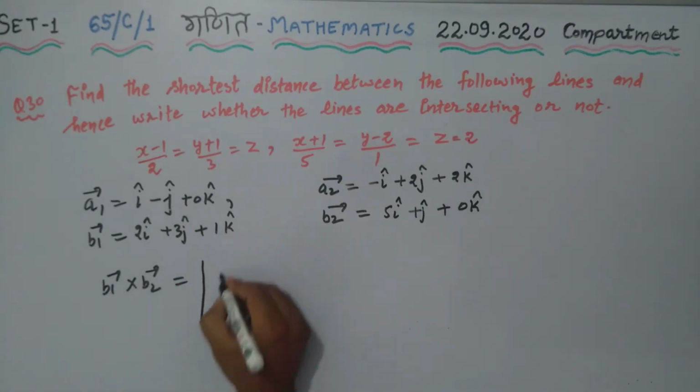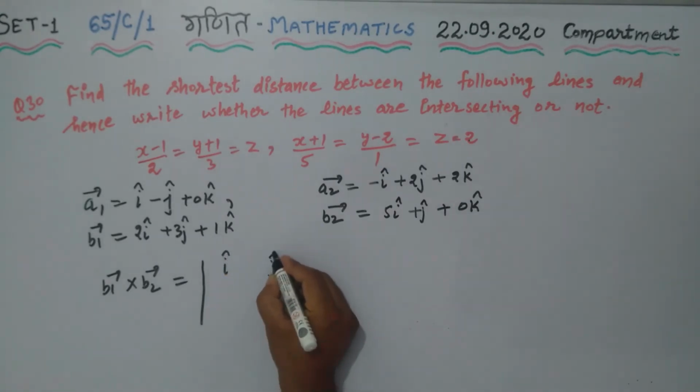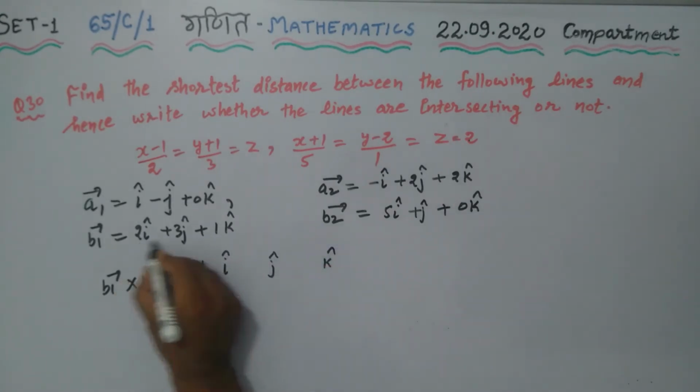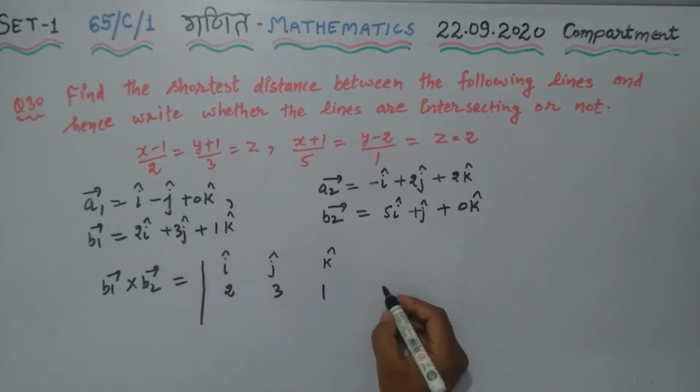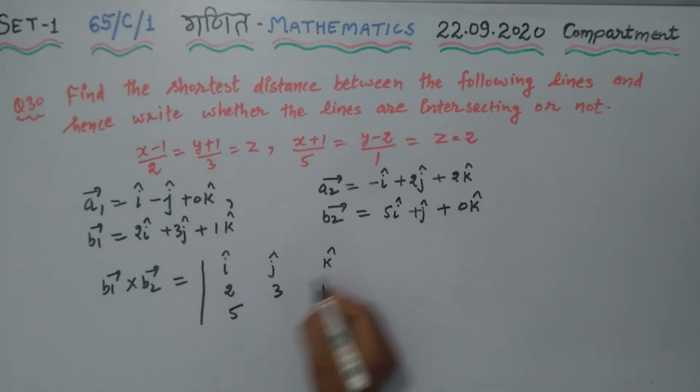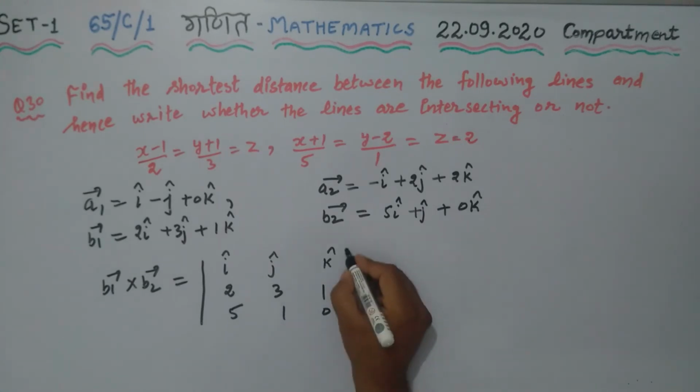That means i, j, k; b1 is 2, 3, 1; b2 is 5, 1, 0.